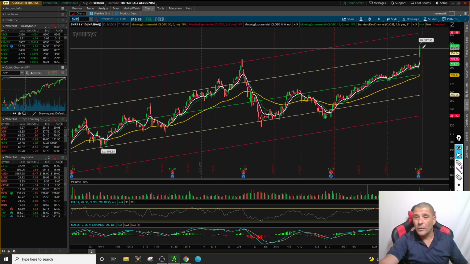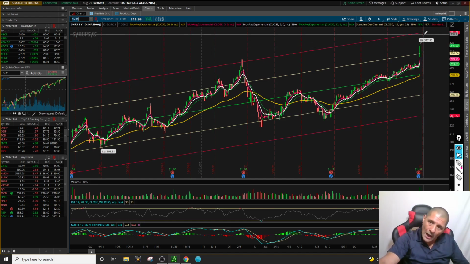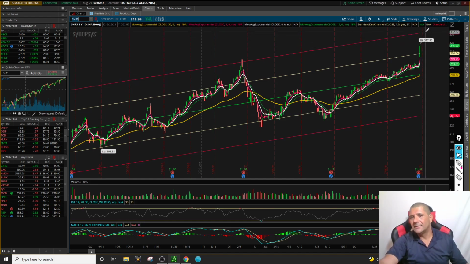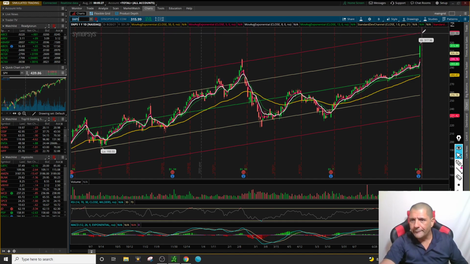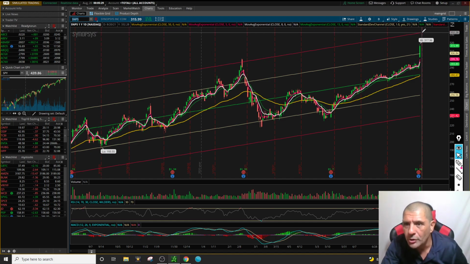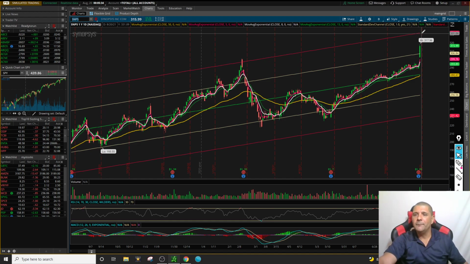Now it can go even higher, and when it goes higher, at that point it's time to sell it if you own the stock, or at that point it's time to buy a call credit spread on the top, about $5 to $10 over the top. So above 332 you can buy a call credit spread where you're going to make a little money, or you can borrow shares from a broker.